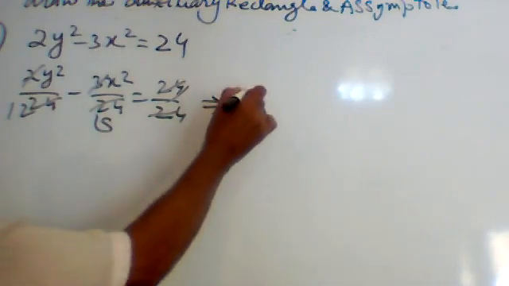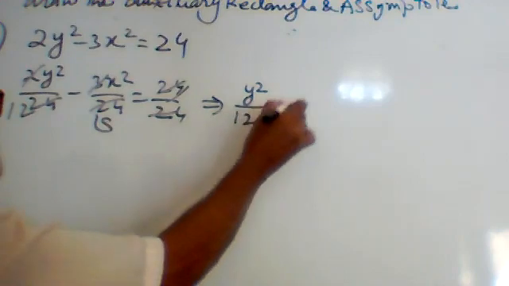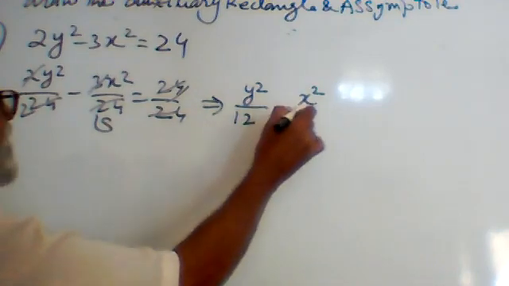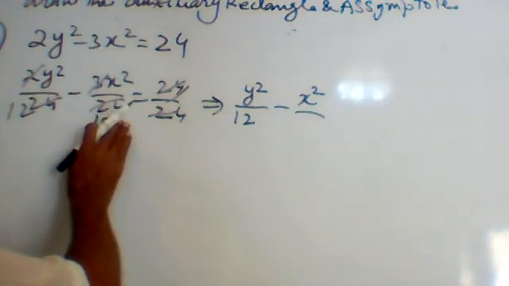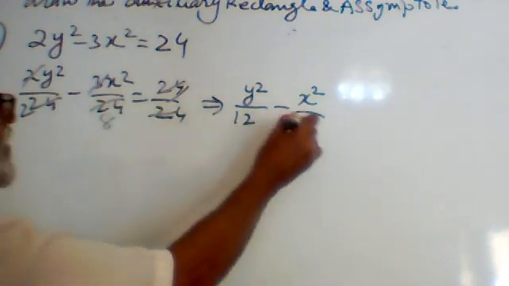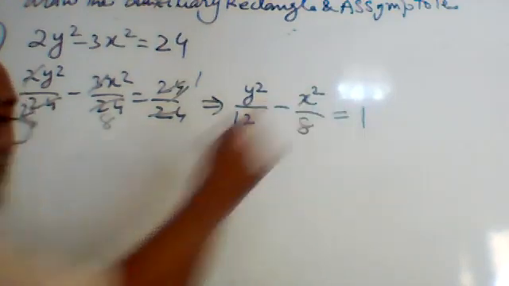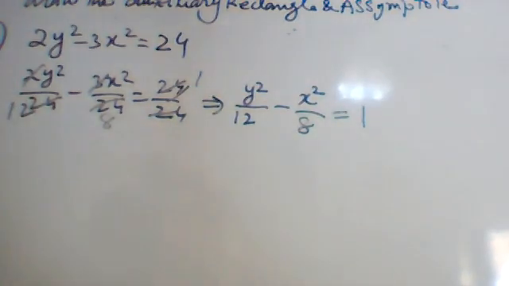Standard equation will become y square upon 12 minus x square upon 8 equal to 1. This is the standard equation: y square upon 12 minus x square upon 8 equal to 1.